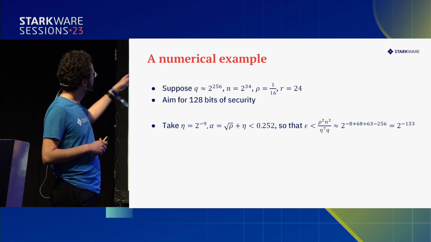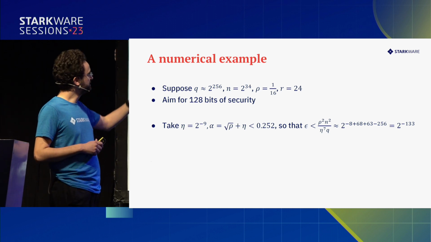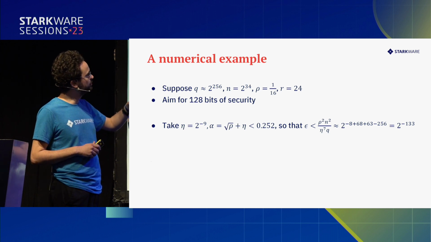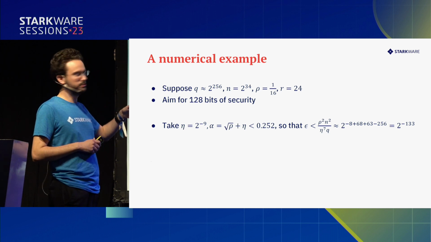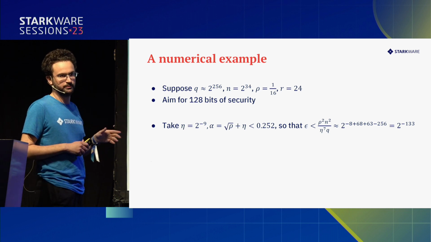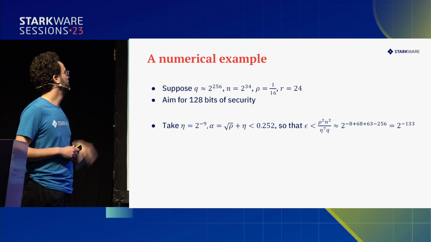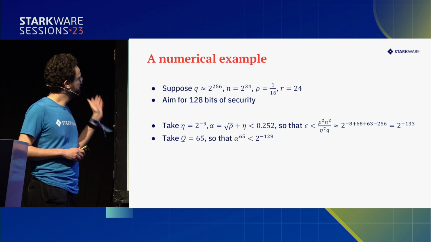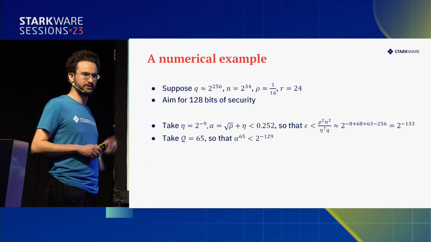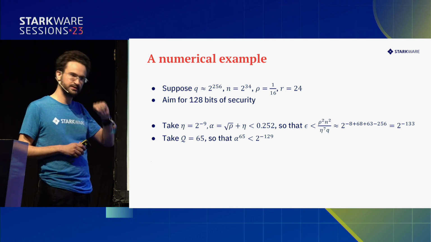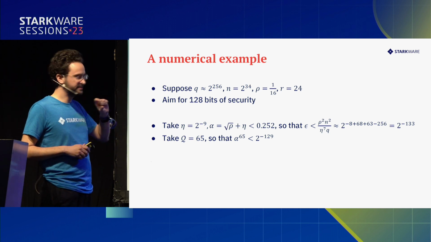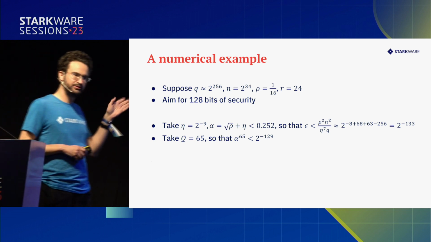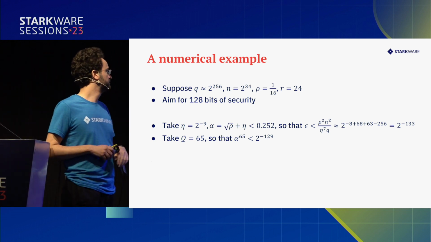And this eta of 2 to the minus 9 is chosen such that eta to the power of 7, 2 to the minus 63, will exactly fill in that gap between n squared over q and the security we are aiming for. So that's how the numbers work out. And we take the number of queries to be just 65, one more than 64. 64 is just not enough because our alpha is slightly bigger than 1/4, and we get that alpha to the power 65 is less than 2 to the minus 129.